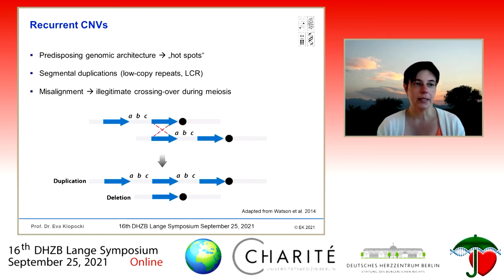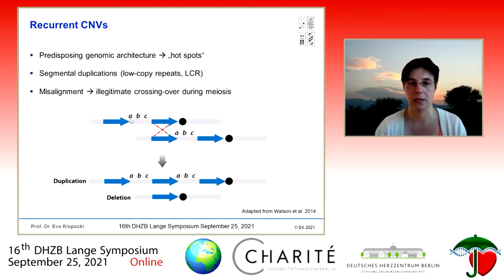Coming back to the term genomic disorders, what is meant by this? This actually means that these genomic disorders are due to so-called recurrent CNVs, and recurrent CNVs come back to a predisposing genomic architecture or so-called hotspots. And these hotspots actually consist of segmental duplications or low copy repeats. The aberration occurs because there is a misalignment during meiosis, and it comes to an illegitimate crossing over during meiosis.